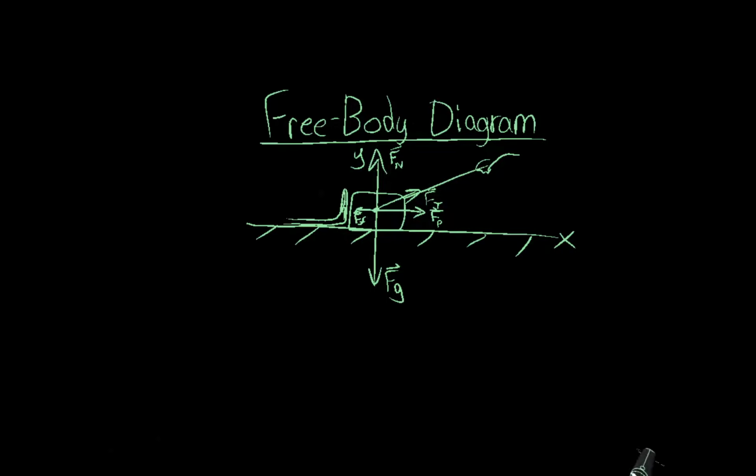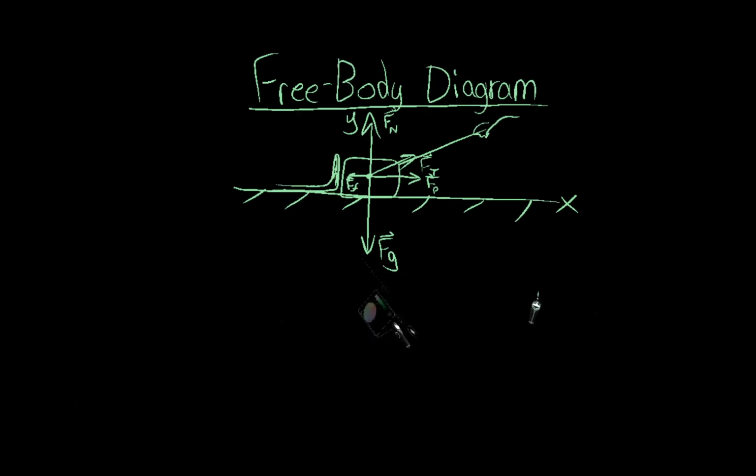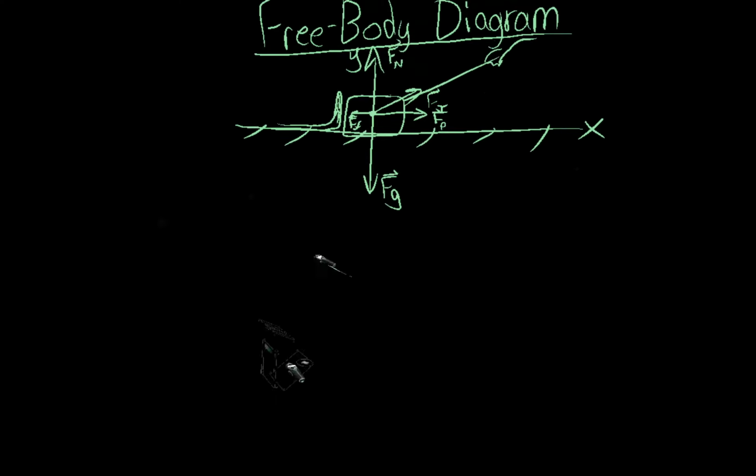But what I want to do in this video is talk about guidelines for creating them, because there's some things that students are tempted to do that lead you down wrong paths when creating these diagrams. So first guideline, and this seems trivial, but it's very important. Identify the body that you're concerned with.